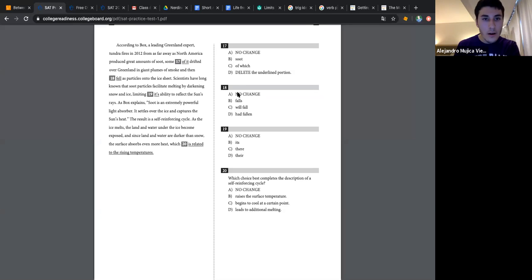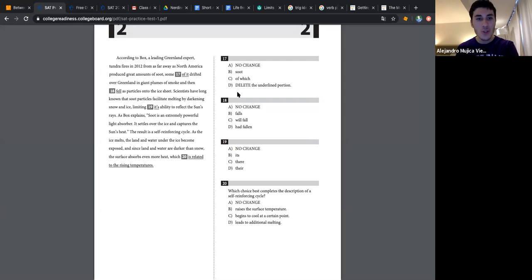We have produced, drifted, and so those are simple past. So it follows that the next thing we use is simple past as well. So fell is correct. All of the others are not in agreement with the verb tenses that we're seeing before that. And just to make sure we know why we're not using past perfect, we have the word then, which tells us it's a progression in time in that same tense. It drifted and then fell.